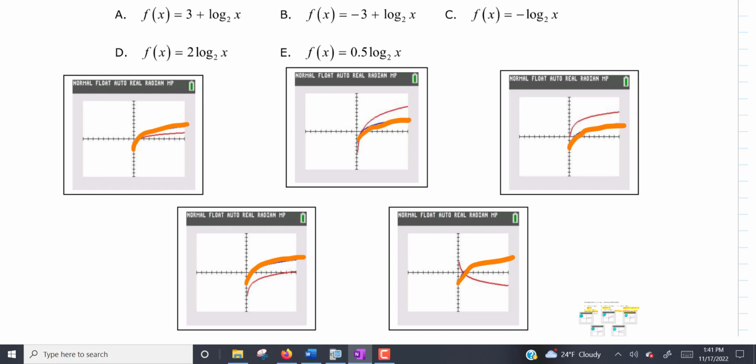The graph of what I just highlighted is log base 2 of x. What I want you to do is match the function with the graph. Every one of these has one transformation. Maybe they're up, maybe they're down. I think all of these are outside the function, so it's all up, down, reflect, stretch, or shrink. Every single number on here is outside the function. So I'll give you a minute to see if you can figure those out.